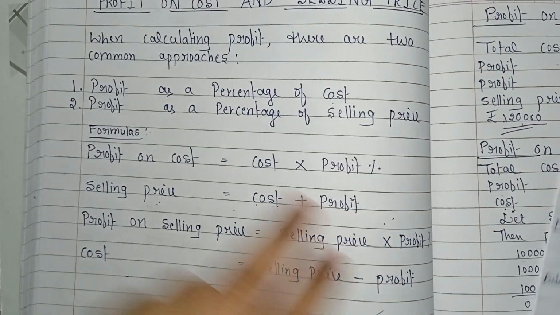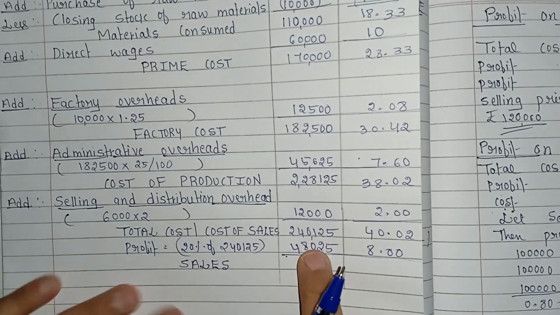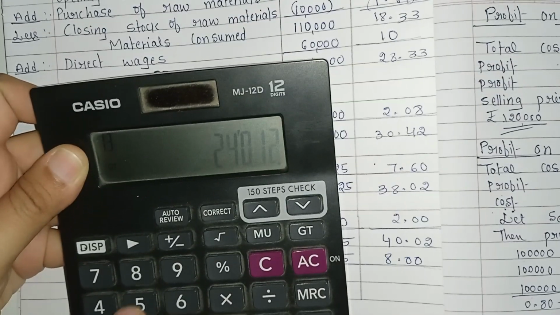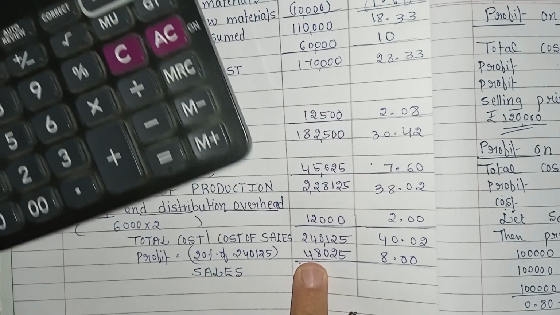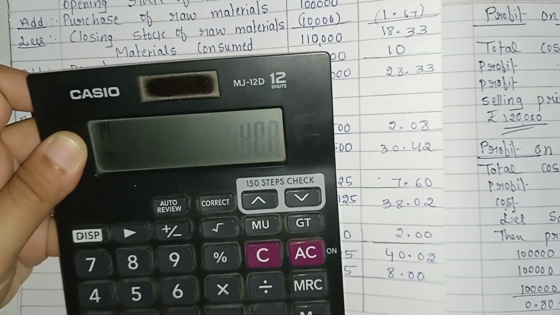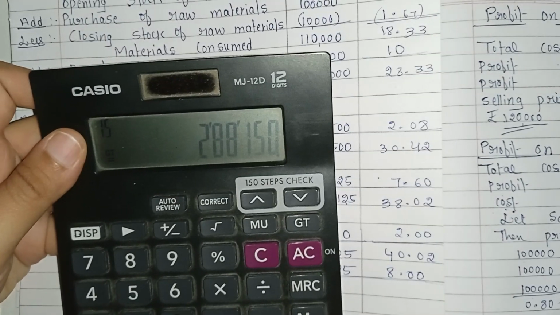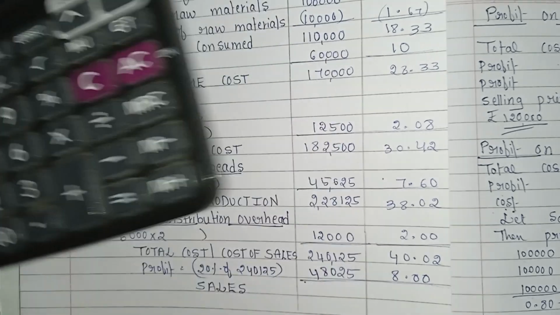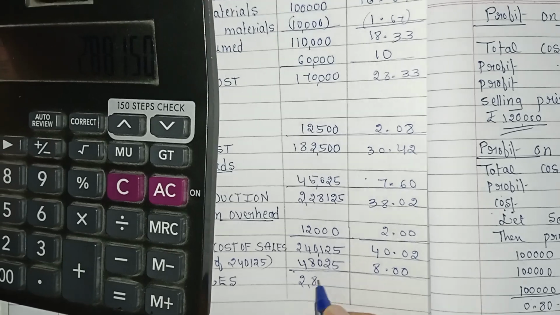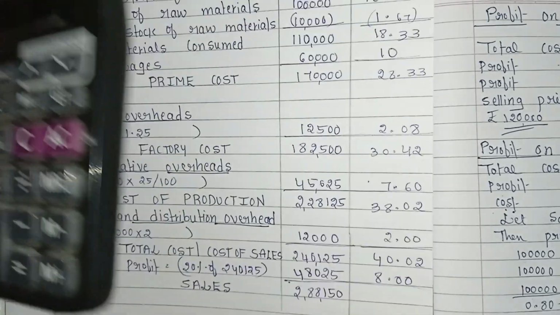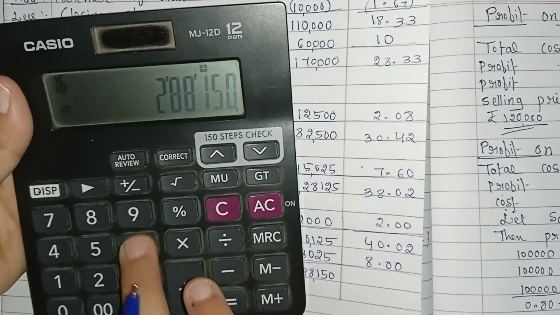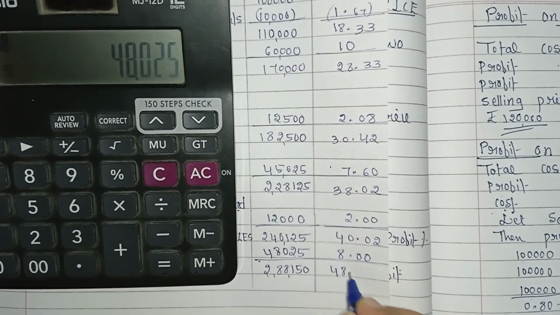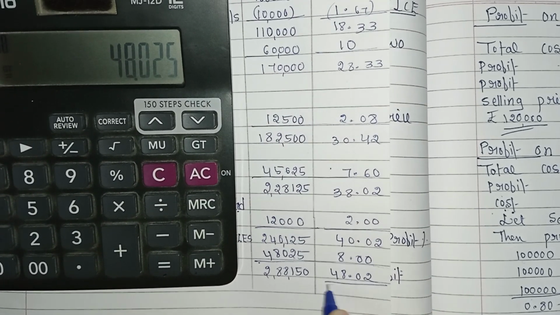So what is the formula of sales? Cost plus profit. Total cost 2,40,125 plus 48,025 equals 2,88,150. 2,88,150 is our sales, divided by 6,000, which equals 48.02.